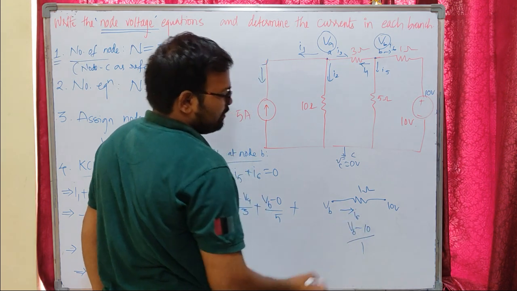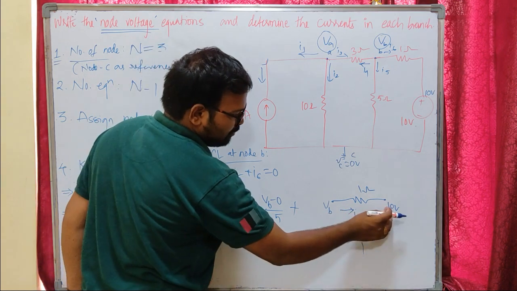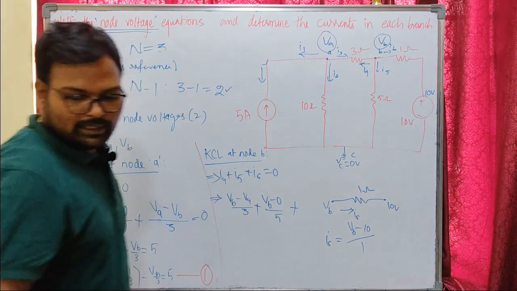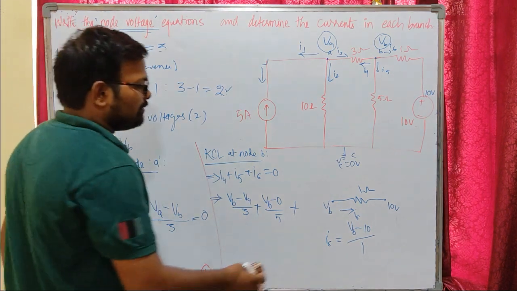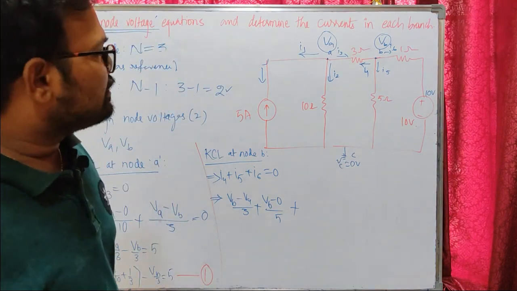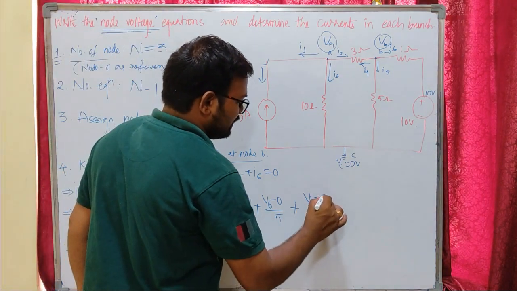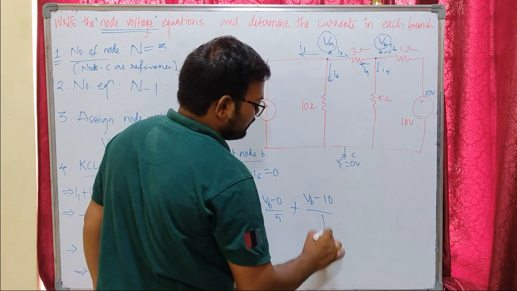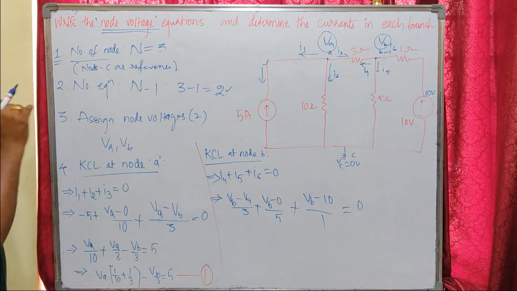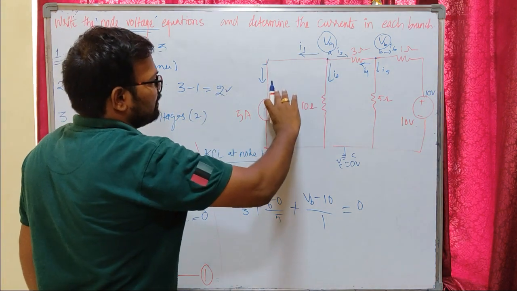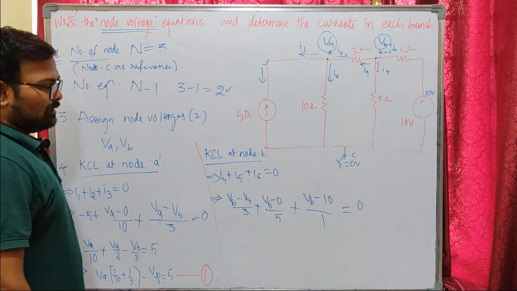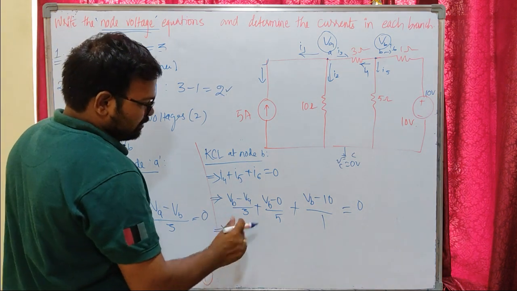I6 is the potential difference between the two points of the 1 ohm resistor, VB minus 10 volts, by its resistance value, that is 1. This must be equal to 0. I hope you are getting some sense. We need to find the potential differences between the two points of each element so that you can write the KCL equations easily.